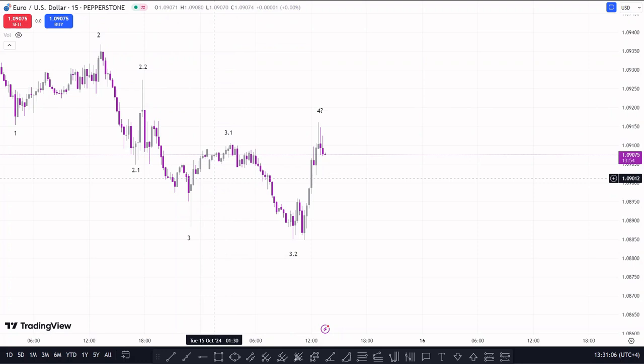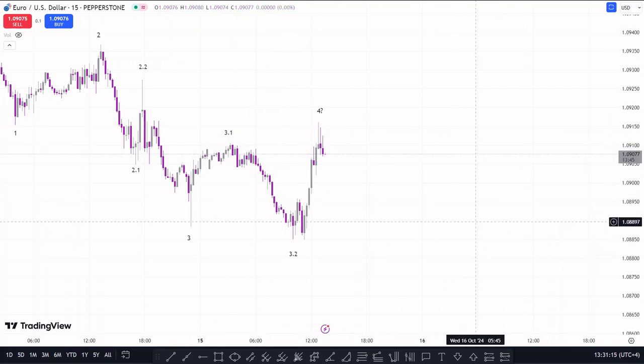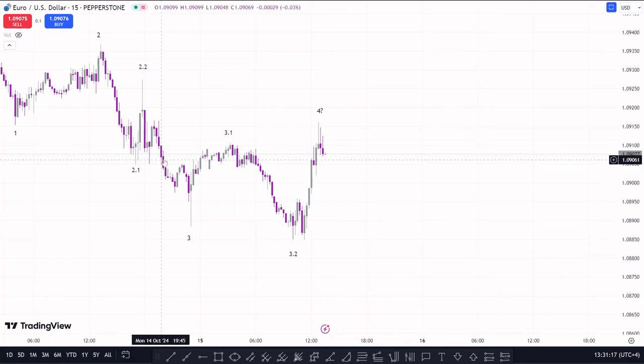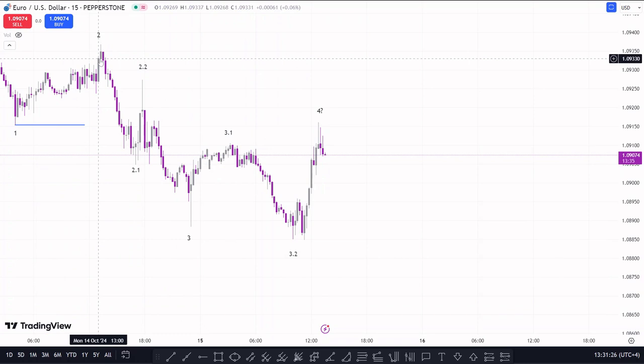And what is very interesting here is kung paano binibreak ng sellers yung demand ng buyers sa low. Okay? So from number two, makita nyo naman dito very defined yung movement pababa.